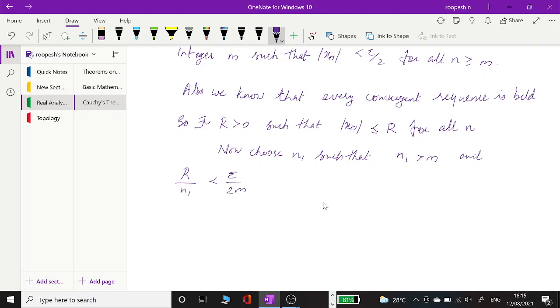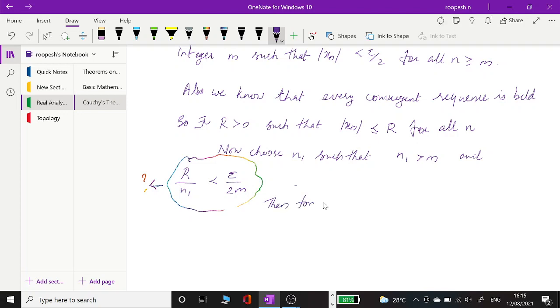Let us see why we are selecting like this. We don't know yet why we have selected like this, but we can discuss it. Now choose an n1 such that n1 is greater than m and r by n1 is less than epsilon by 2m.